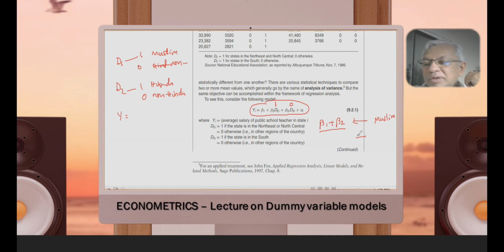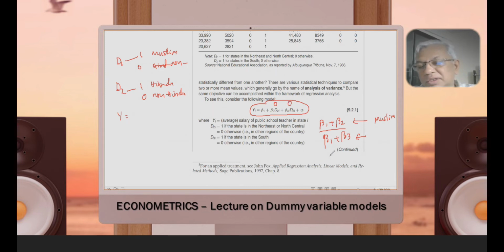What is for Hindu? For Hindu, D1 is 0 and D2 is 1, so it will be beta 1 plus beta 3. Now what about other religion? Other religion means, theoretically, neither Muslim nor Hindu, so both dummies are 0.